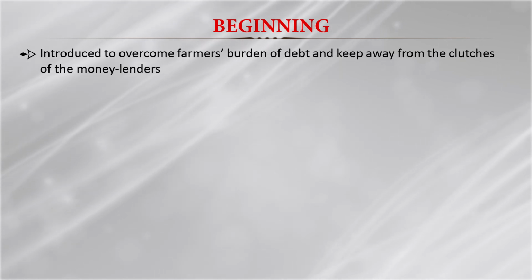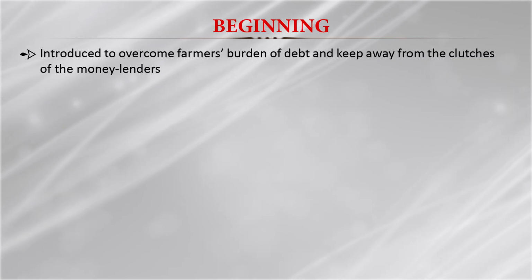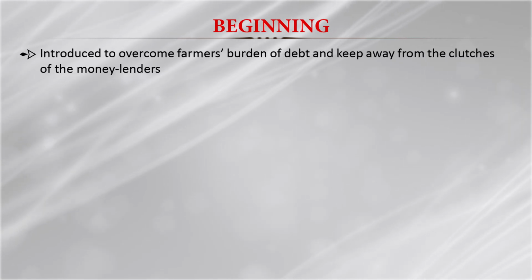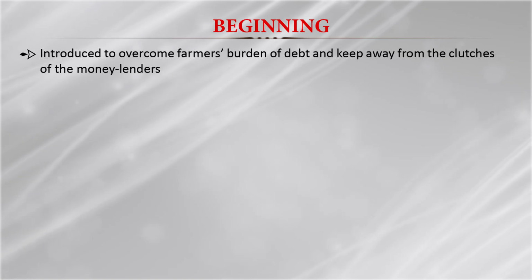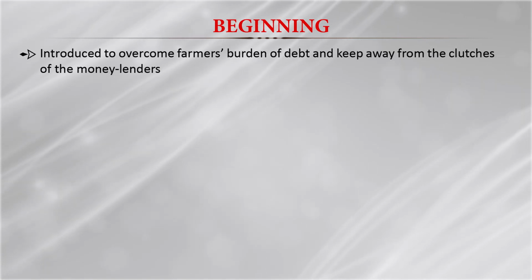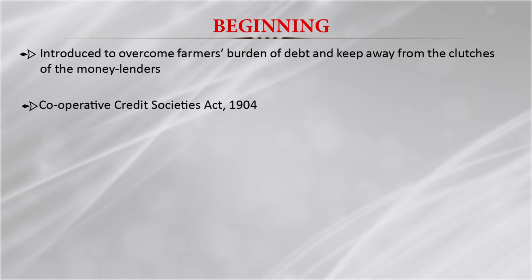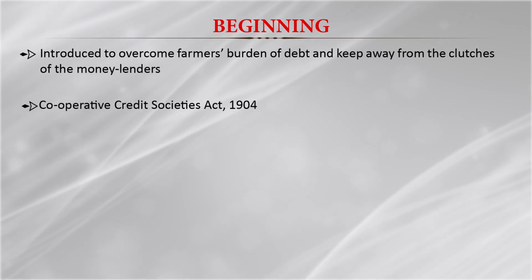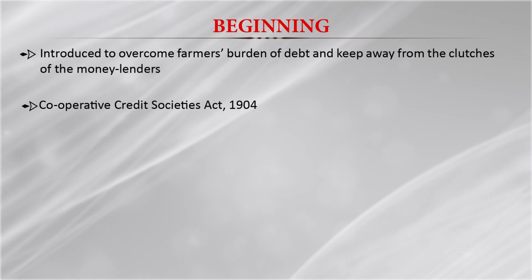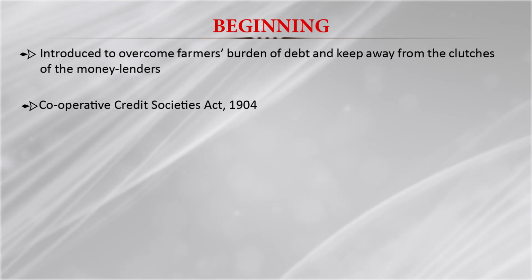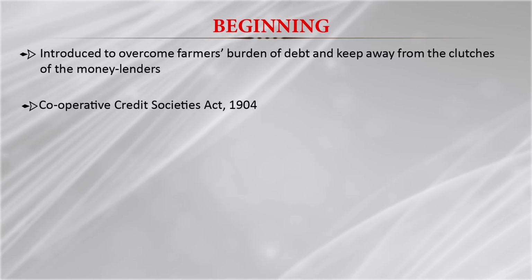So the basic idea for establishing the cooperative society was to free them from the clutches of the moneylenders. The formal beginning of the cooperative society was in the year 1904 with the enactment of the Cooperative Credit Societies Act.